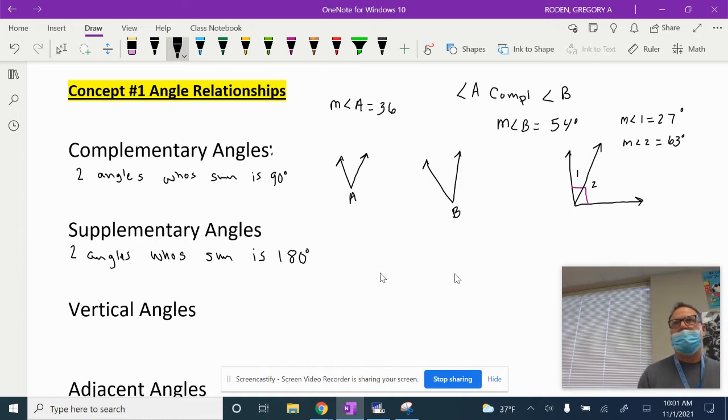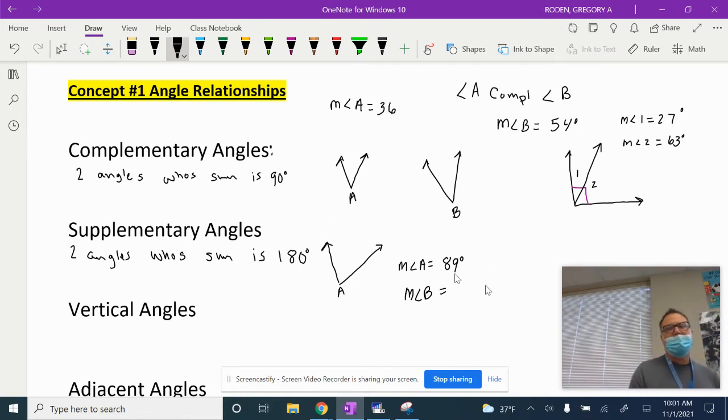Yep. All right, so ladies and gentlemen, if I have two angles here, and I know the measure of angle A is equal to 89 degrees, what is the measure of angle B that is supplementary to angle A? 91 degrees.